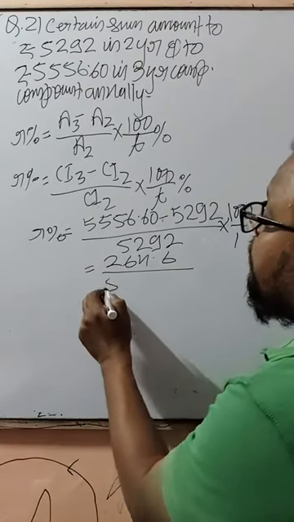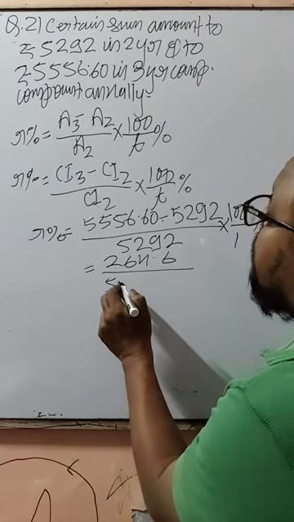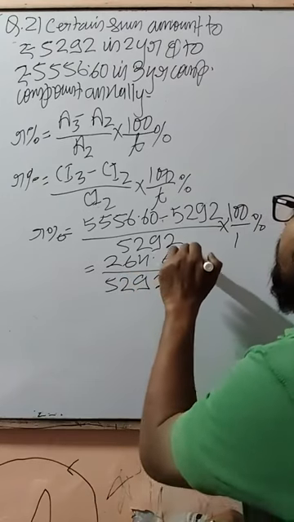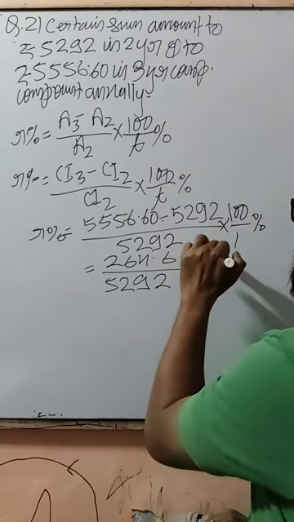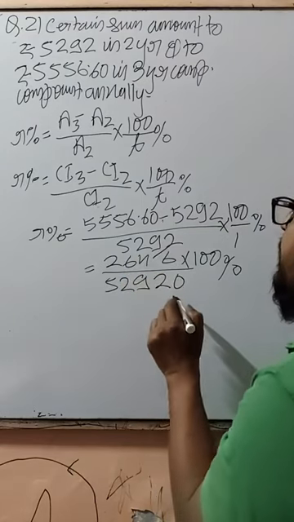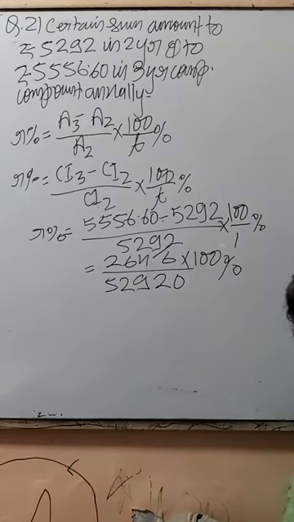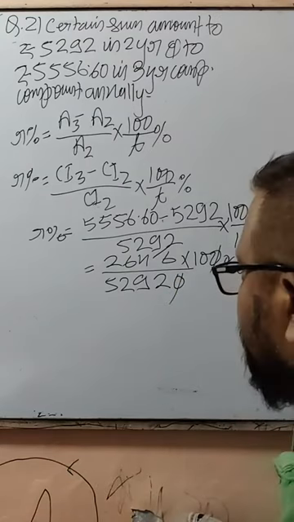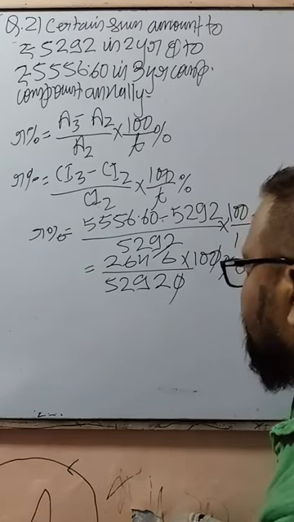Upon 5292 into 100%. This 0 and this 0 cancel out, right? Yes, sir.